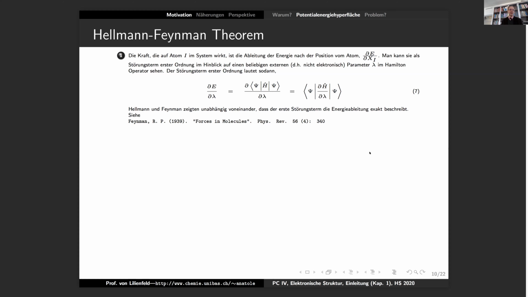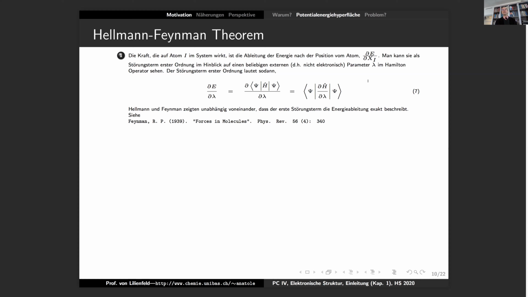In this case, the particle would be not our electrons, but the position of our atom, right? So if you're moving atoms around and you're monitoring the energy as a function of distance, you get this binding curve, then the force is just the derivative of this curve, right?